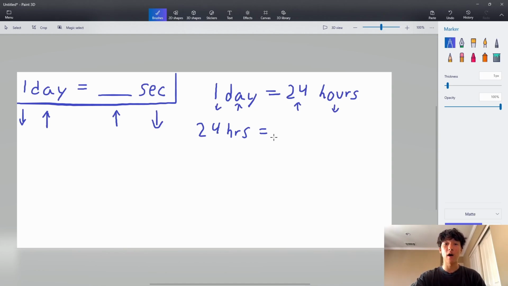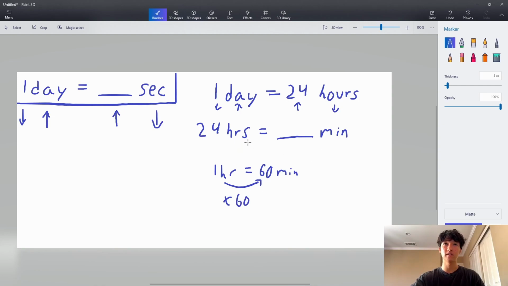Now, 24 hours is equal to how many minutes? So in 1 hour is equal to 60 minutes. Hopefully you guys know that. So because of that, it is a multiple of 60. So we multiply by 60. All we do is do the exact same thing.